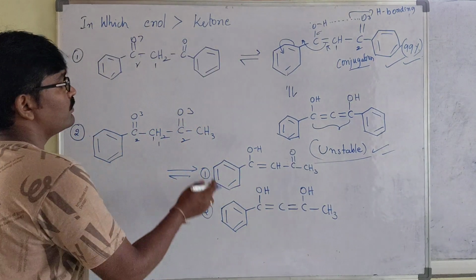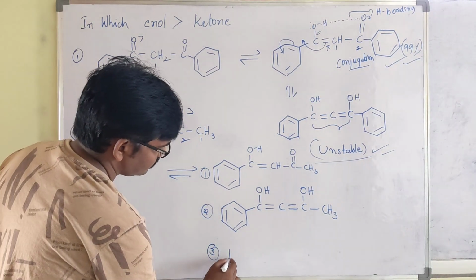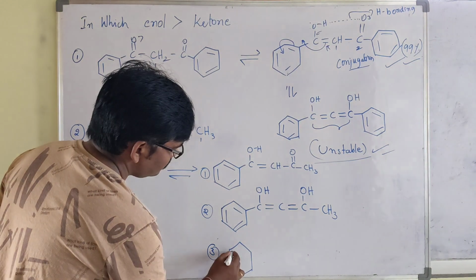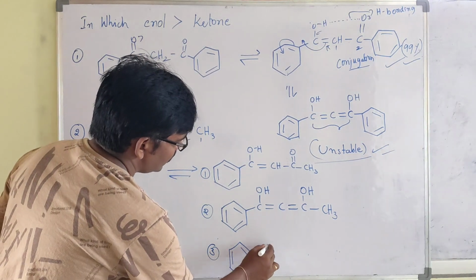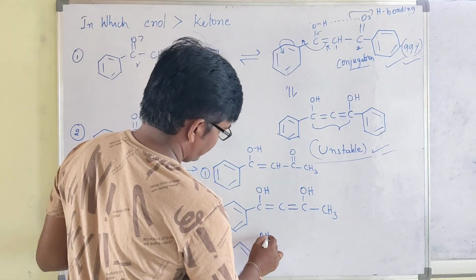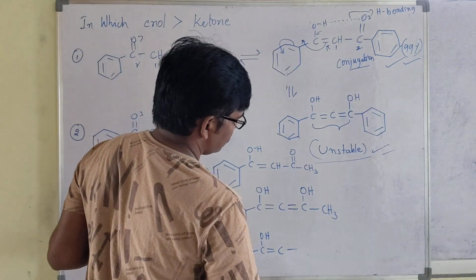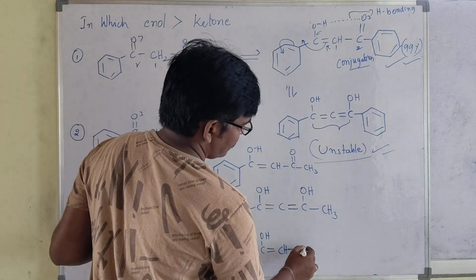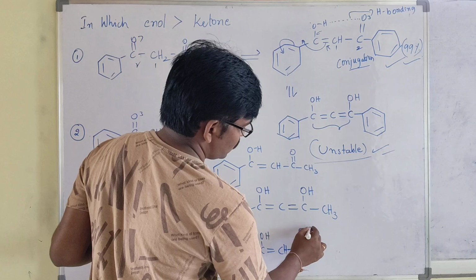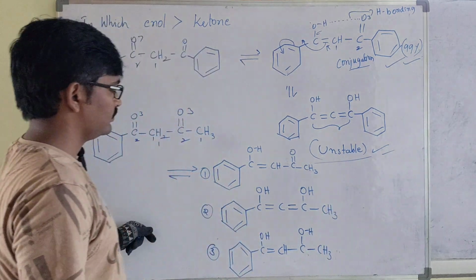Then one more is possible from here to there, 1, 2, 3. So the third one: C OH double bond C, bond H, then CHOH, bond CH3, like this will be there.